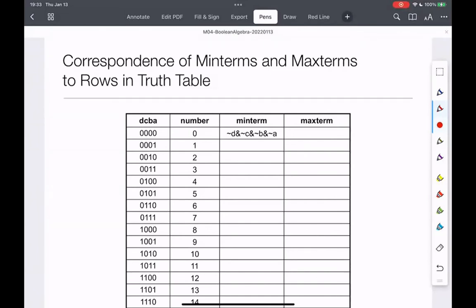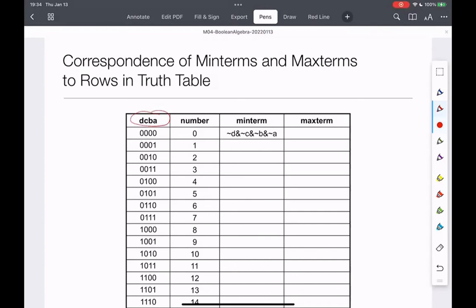Let's say we agree that we are always going to write things in the order D, C, B, A. That is, the first entry in the minterm will always be either D or not D. The second term would always be C or not C, and so on, and ditto for the maxterm. It's a convention. We could have picked the other way around, but let's say the problem stated to consider this as the order, DCBA.